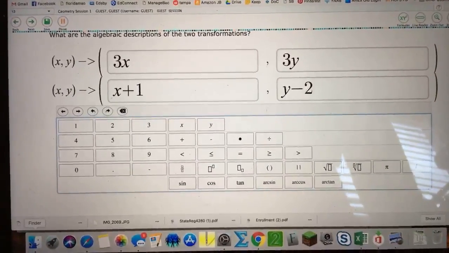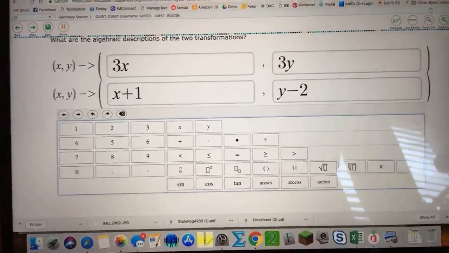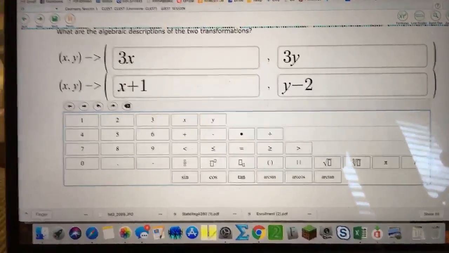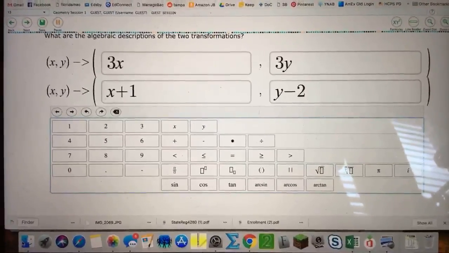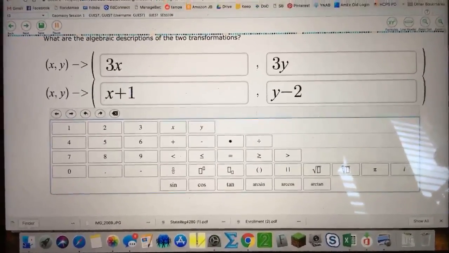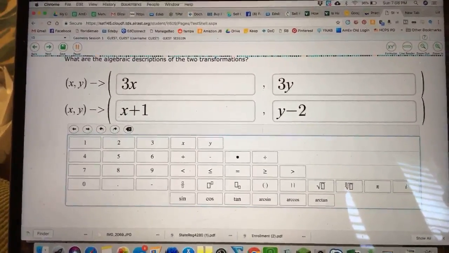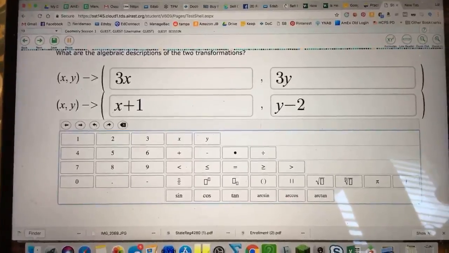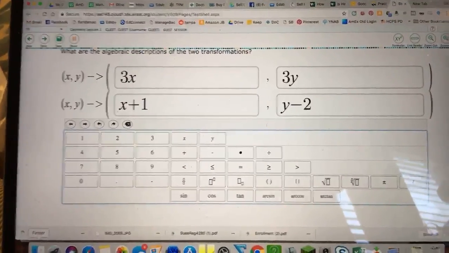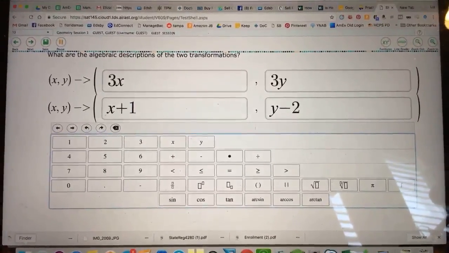But they can't possibly ask you a question where it doesn't specify which of those it is. Okay? They've got to specify.